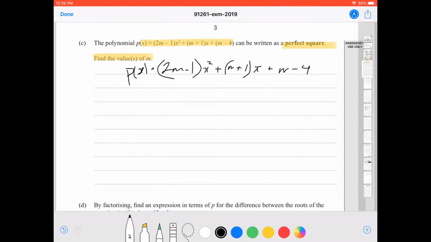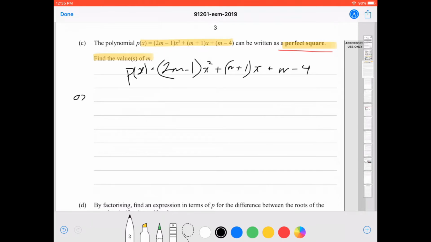Now, the key to this question is, and they've put it in bold for you as well, the polynomial can be written as a perfect square. And so when that is the case, basically factoring this, putting it in factorized form.